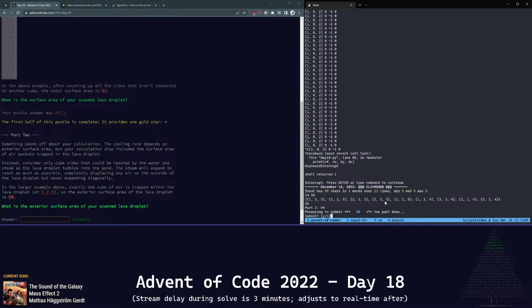Is it one of those problems where we count how many cubes we see going through? Is it a geometry problem or is it just something very simple? Don't quite know.